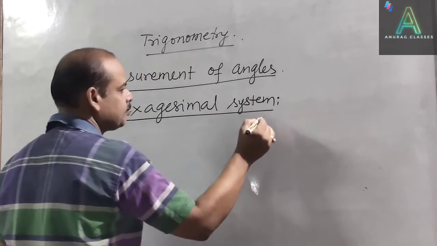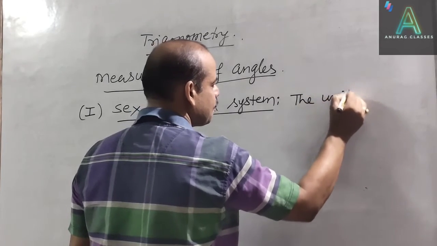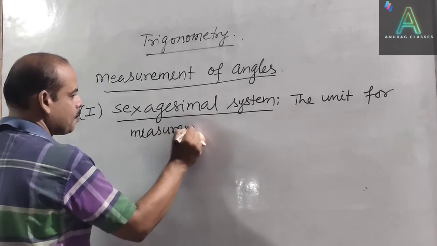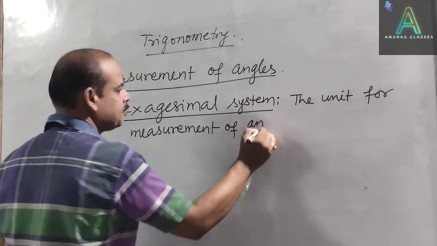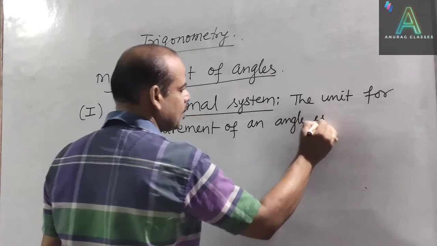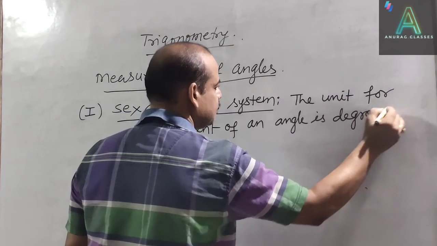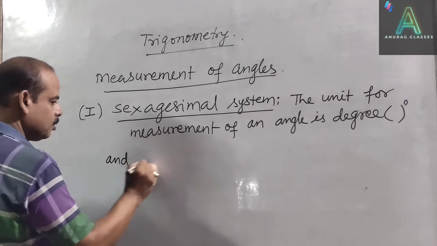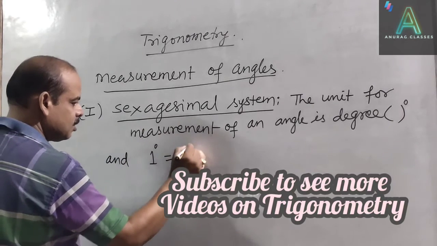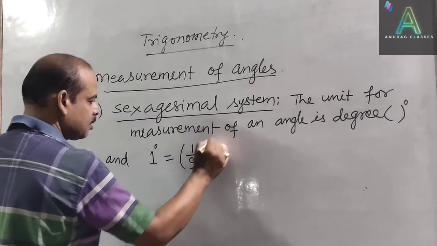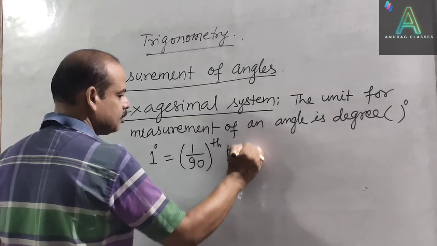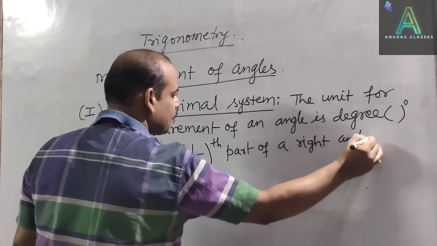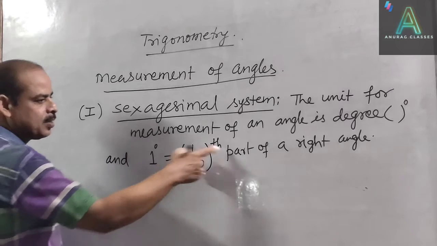In this system, the unit for measurement of an angle is degree. 1 degree is defined as 1/90th part of a right angle.